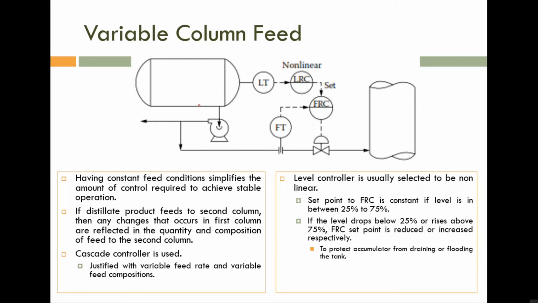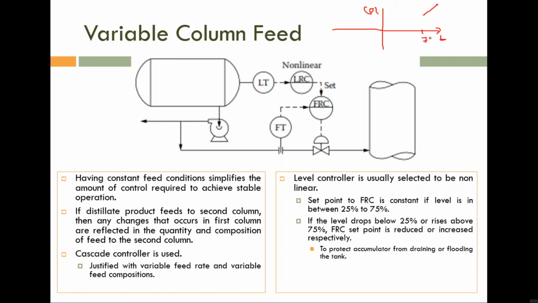Is it okay? So here I told you normally this set point is constant if it is between 25 to 75%. If level of liquid inside first accumulator is in between 25% to 75%, this set point is constant. Okay, so this control action is something similar to this one. Say this is level and this is primary control output CO1. So if the liquid level is greater than 75%, then control output is increased.